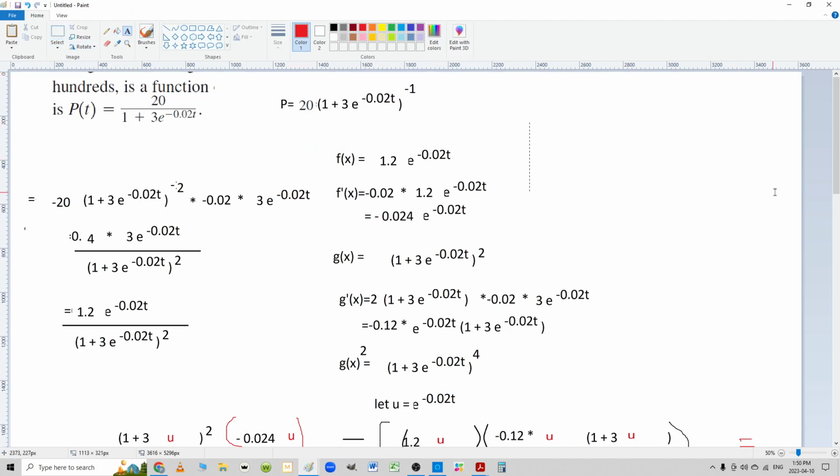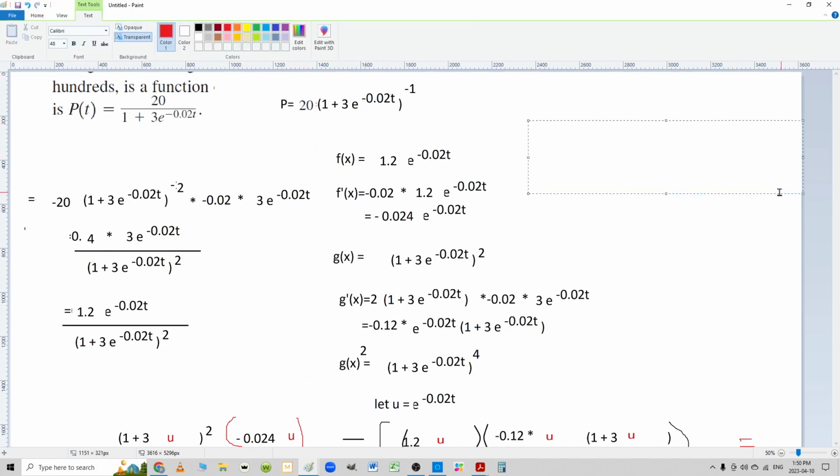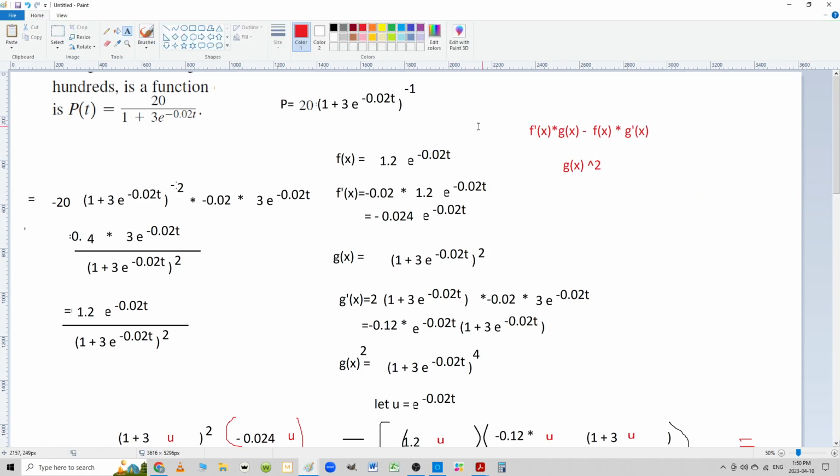Most of these double derivatives involve using the quotient rule. The quotient rule is f prime of x times g of x minus f of x times g prime of x, all divided by g of x squared. But when we find either a point of inflection or a maximum point, we set this equal to 0.